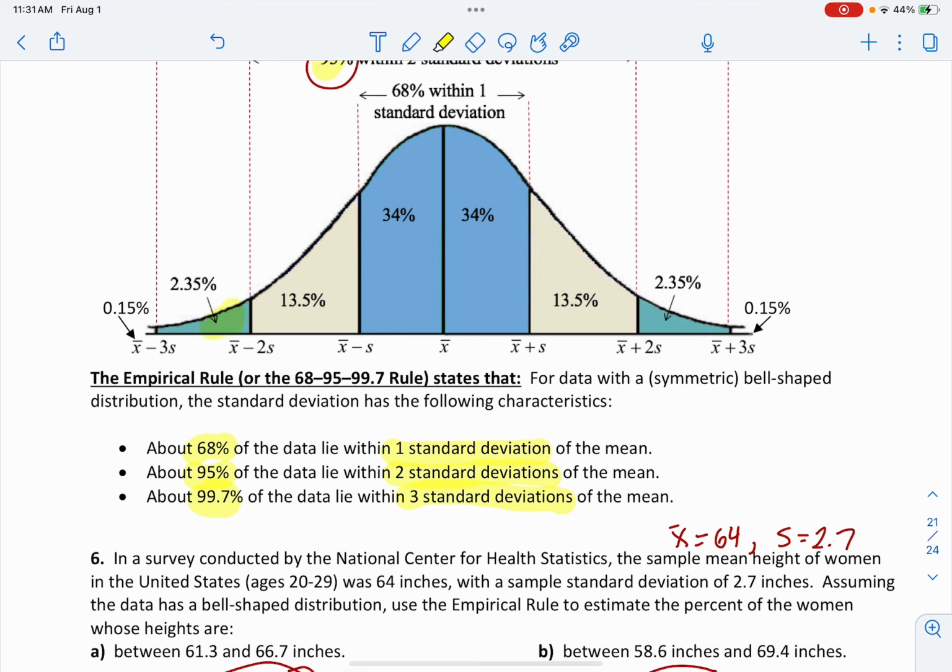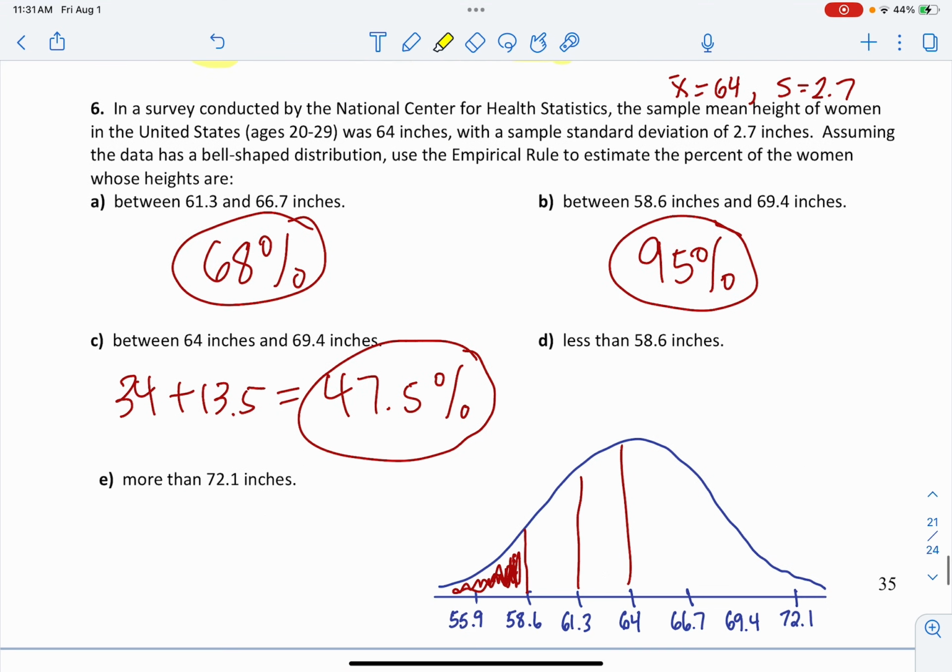It's all of this down below, 2 standard deviations below. And so there are 2 percentages to add up, the 2.35 and the 0.15. So for that one, 2.35 plus 0.15, that's 2.5%, and I'm good. So hopefully that makes some sense.